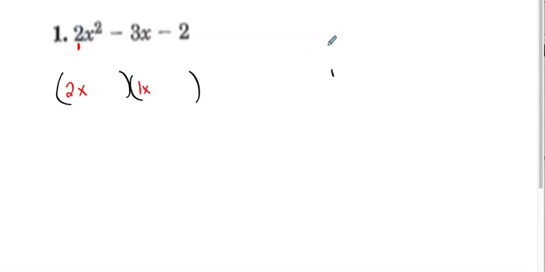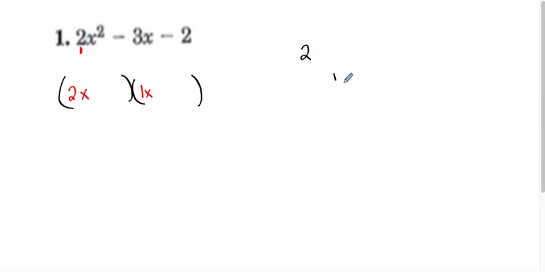Okay, but I'm going to write down the factors of A here, and I'm going to put my A terms here and my C terms here, and my C term is negative 2. And I want to think about what the factors of 2 are. So 1 times 2 is my factors of 2, or positive 1 and positive 2, or negative 1 and negative 2.